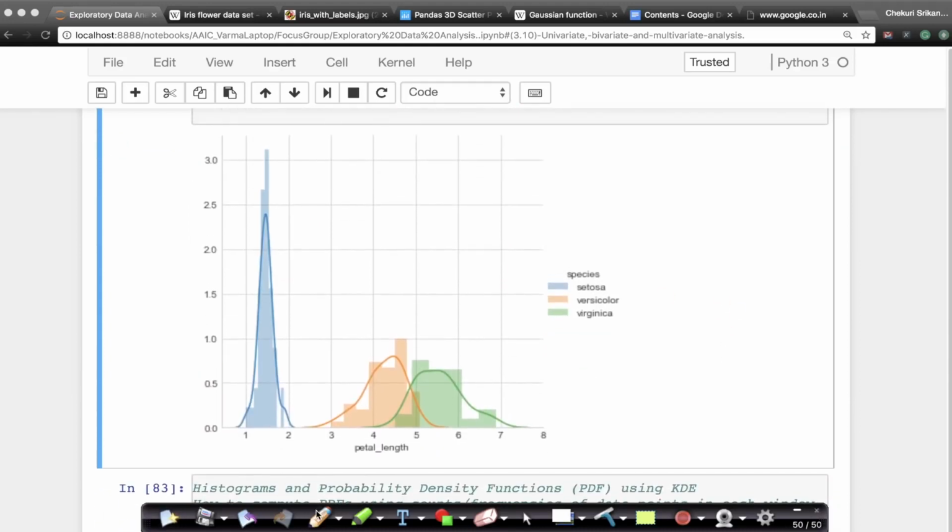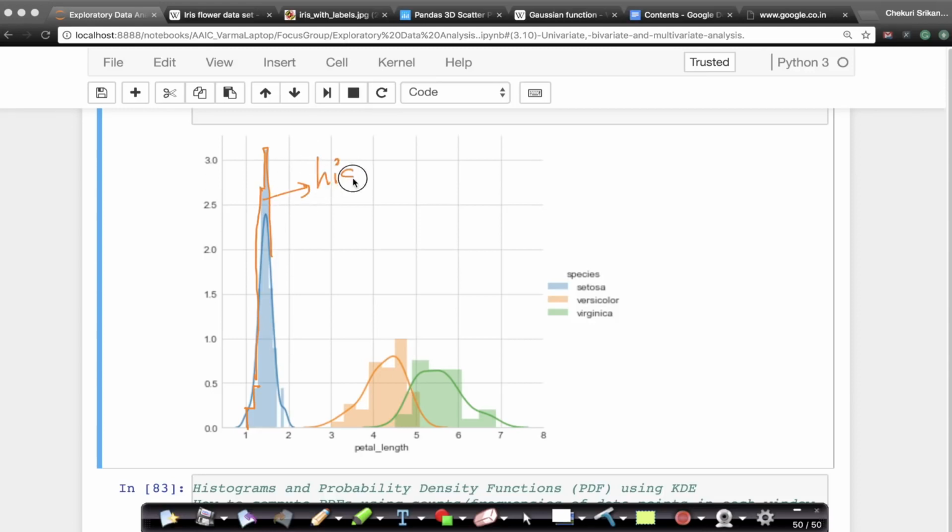So let's go and understand this now. Of course, my blue is setosa, my orange is versicolor, green is virginica. As soon as you see this, the tower-like structure that I drew a while ago is exactly what you're seeing in this light blue shade. So this is called a histogram.